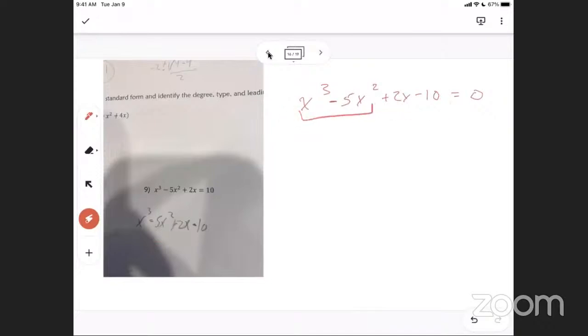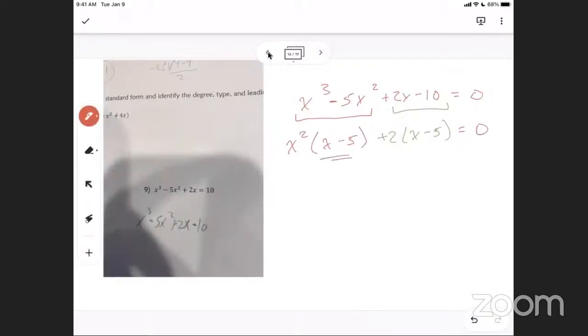So group the first two and group the last two and see if you can factor something out and if you get lucky. So if I take an x squared out of these two, what am I going to be left with? X minus 5. Yep. And what can I take out of this one? You could take a 2. And what will you be left with if you take a 2 out? X minus 5. And that is why you do this, because now you got lucky.